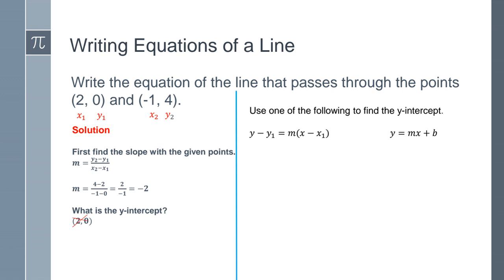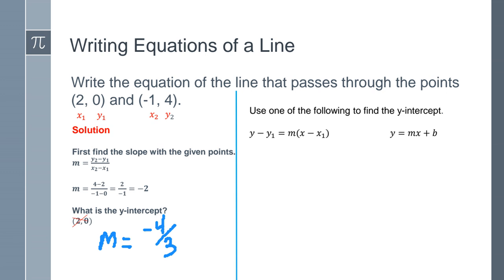Okay, so now you know your slope. But now the problem here is we don't know the y-intercept. Since we don't know the y-intercept, we're going to have to take another step.